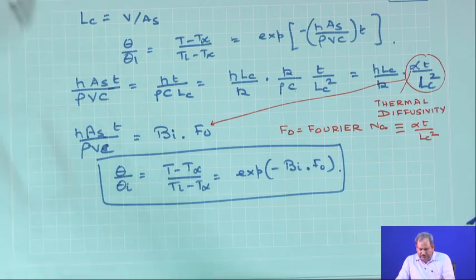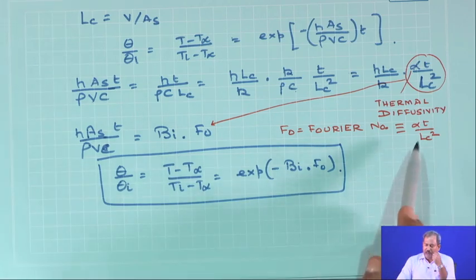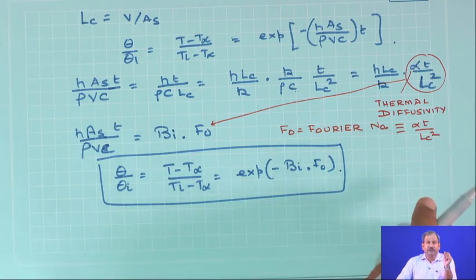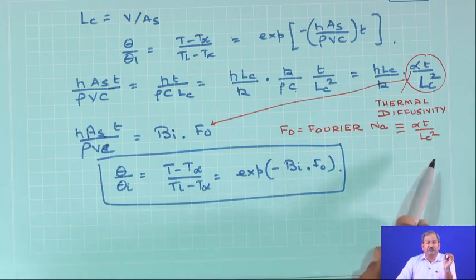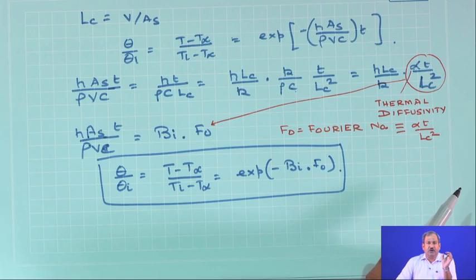So, this Fourier number, alpha t by Lc square, compares the penetration depth of the temperature front inside the solid, and therefore, together with Biot and Fourier number, one would be able to obtain the variation of temperature inside a solid undergoing transient conduction, and it somewhat decouples two effects.